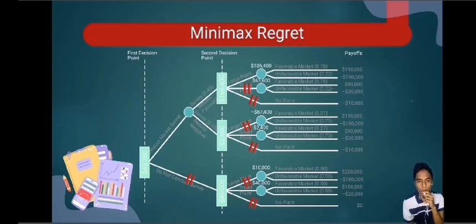So now I will explain how 106,400, 2,400, 40,000, and 49,200 were obtained. 106,400 was obtained by adding the product of 0.78 times 190,000 and 0.22 times negative 100,000.